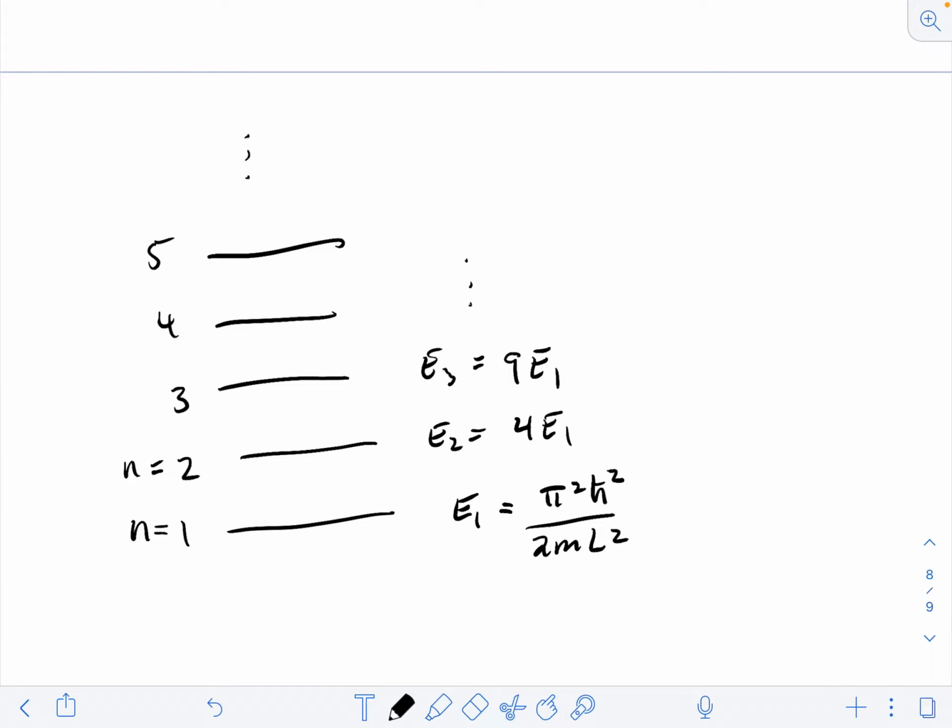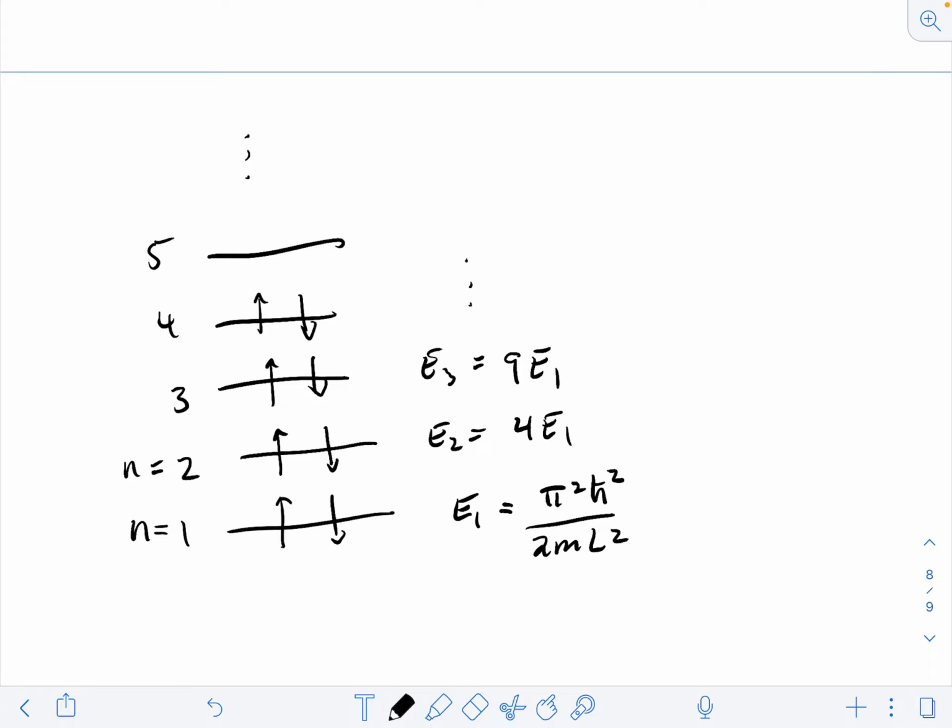Okay, so what we would end up doing is we would put one spin up particle in the n equals 1 state and one spin down particle. So we'd use 2 of our N particles in the n equals 1 state, and then the next one would have to go into the n equals 2 state. The fourth one would have to go also to n equals 2 state but have opposite spin of the third, and this would just continue like so until we used up all of our N particles.